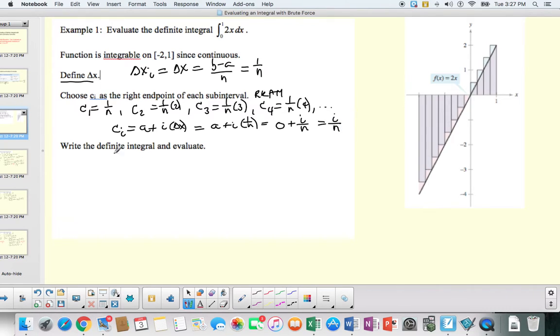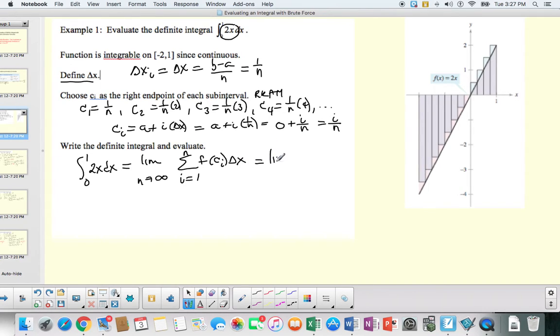Okay, now we're going to actually evaluate the integral by regarding it as a limit of the summation. So the limit, as n goes to infinity, of the summation i equals 1 to n, and this stands for the height, delta x. Now in our particular case, our f of c sub i is actually 2x.